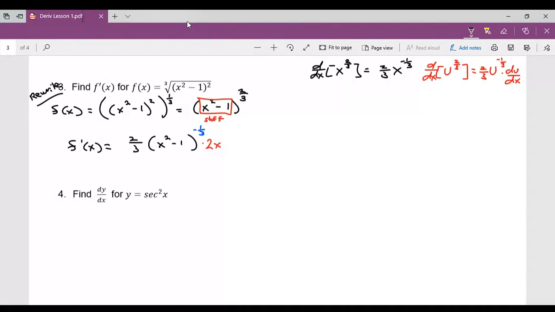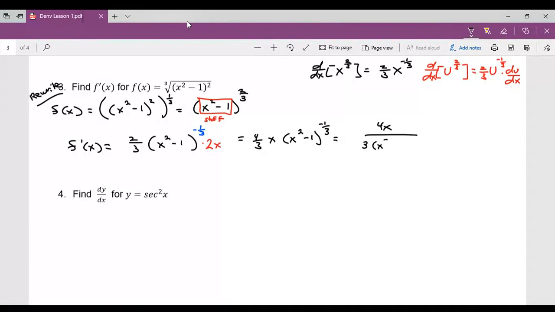Now, in terms of sprucing this up, we can multiply the 2, maybe put the x in front because multiplication is commutative. So maybe I write 4/3 x and then (x squared minus 1) to the negative 1/3. Now, that's fine. I'd leave that as an answer. If it's multiple choice, they might mess with you. You might have something like this: the 4 and the x up top, and on the bottom, I have that 1/3, so there's a 3 there.